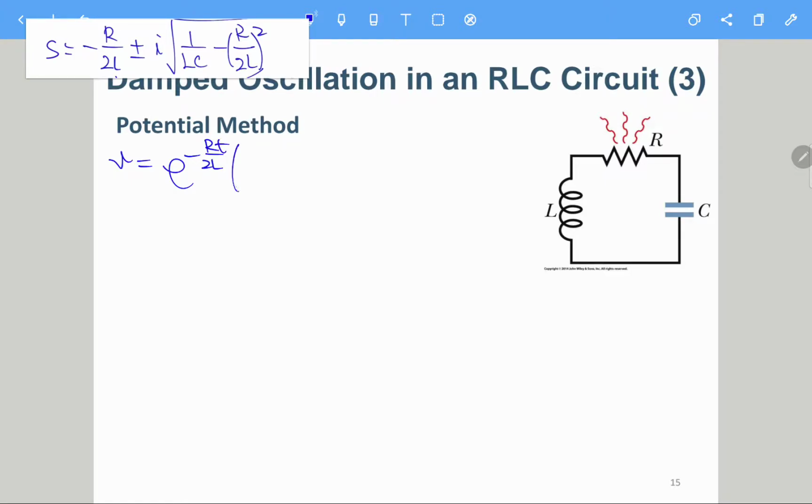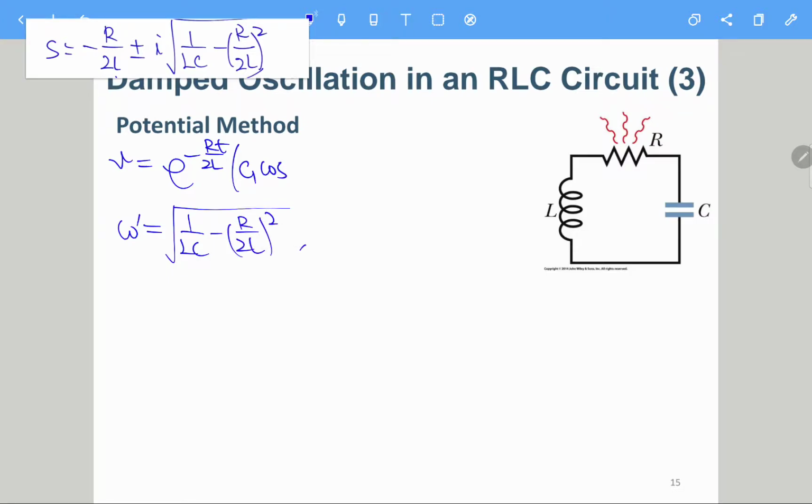And then we will have C1 cosine omega prime t. Omega prime is this term, the square root of 1 over LC minus R over 2L, the whole term squared.